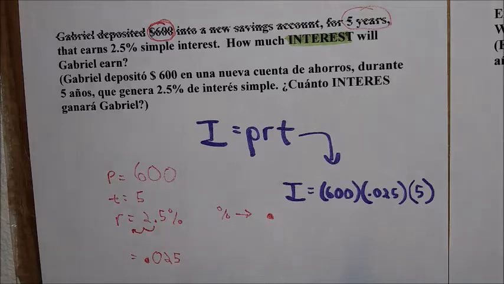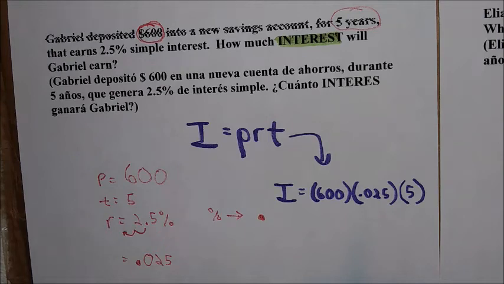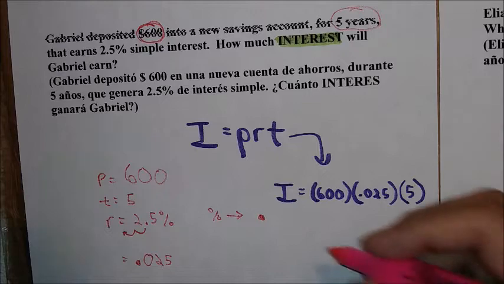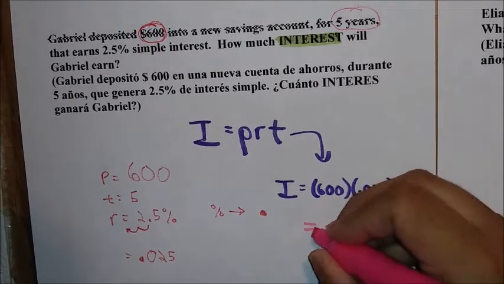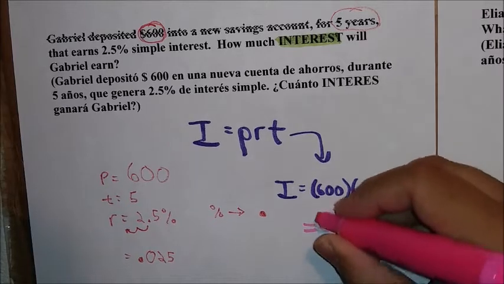Go ahead, pause the video here, see if you can figure out how much he's going to have in interest. Ready? Okay. You run this through the calculator. 600 times 0.025 times 5, this is going to equal $75.